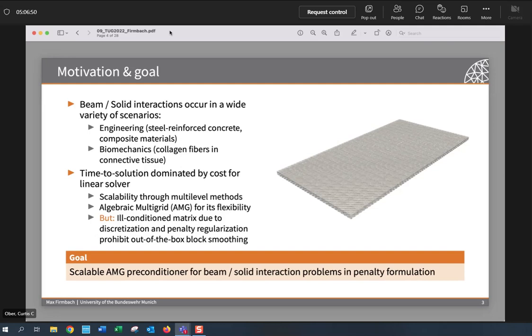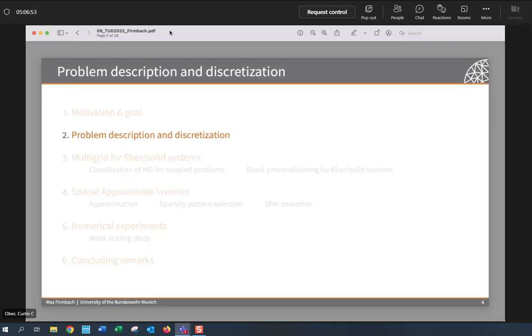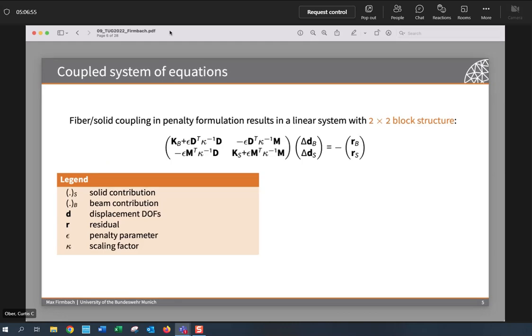And we can actually see that this results in a 2x2 block structure. This 2x2 block structure resembles the beam contributions, the solid contributions, and the coupling terms.